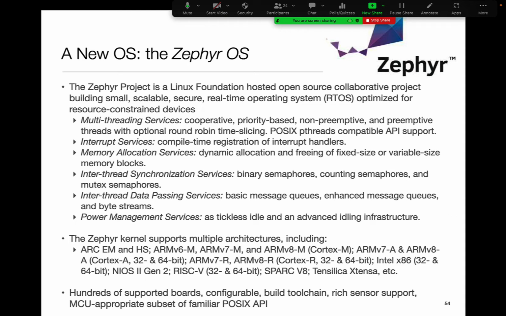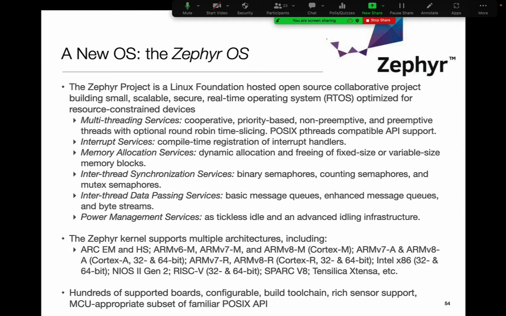And so Zephyr had a lot more ambition, in the sense that it's not just for ARM processors, it's designed for a much broader array of platforms. They also pay a lot of attention to supporting a large number of devices and things like that to begin with.